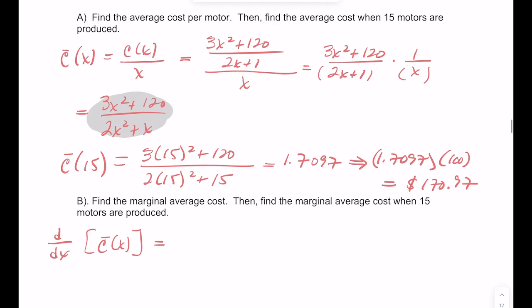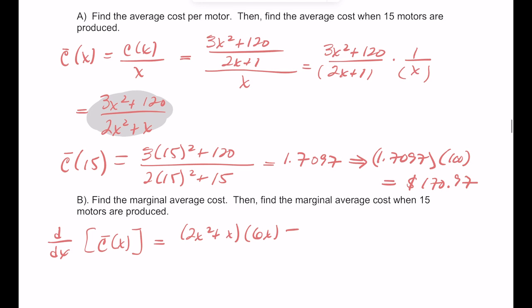Okay, so it's just going to be v, which is 2x squared plus x, times u prime. So u is the numerator, and the derivative of the numerator, if I use the power rule, would just be 6x. And then it's minus u times v prime.